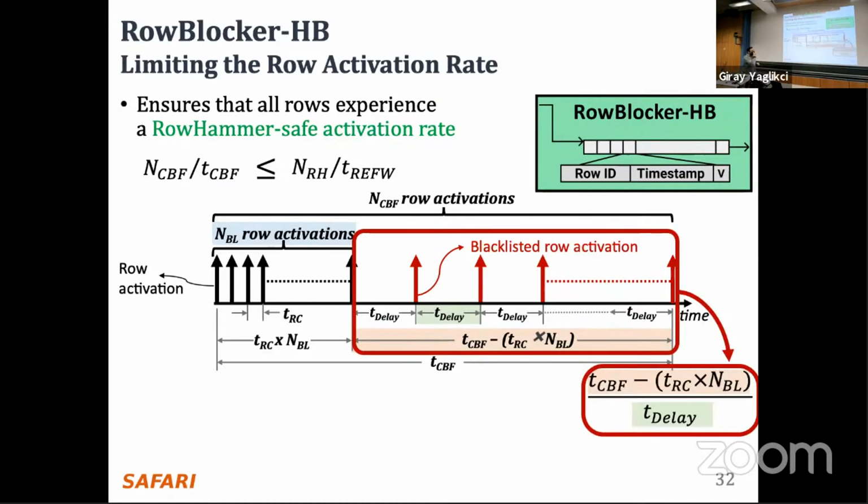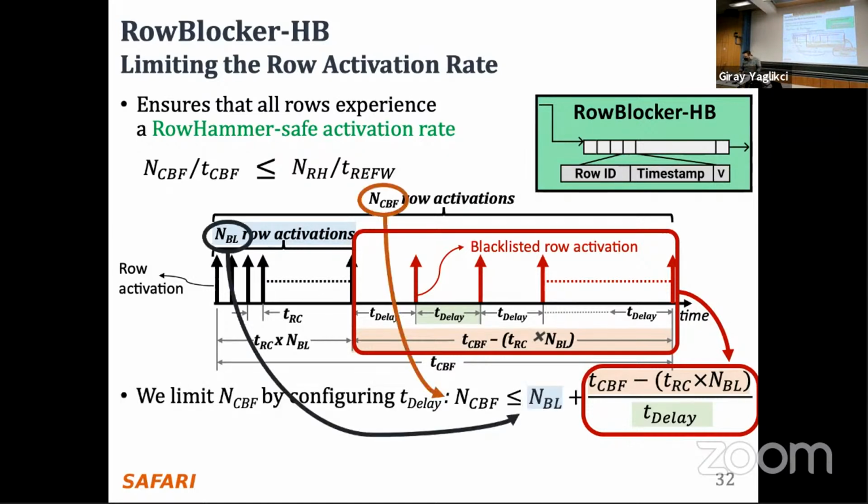To ensure that, we can compute this tDelay based on this formula here, because it is the number of activations over there, and we have NBL activations here. So this total should not exceed the RowHammer threshold. And as we increase tDelay, we can have fewer activations. So this is the knob that we are playing with to throttle the row activations.